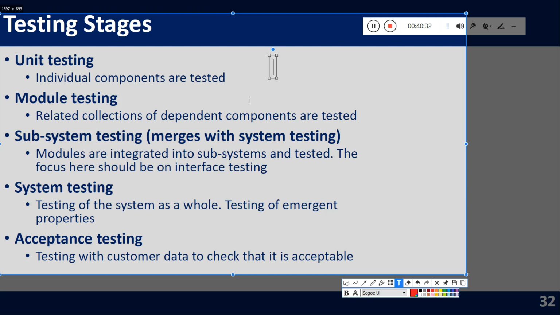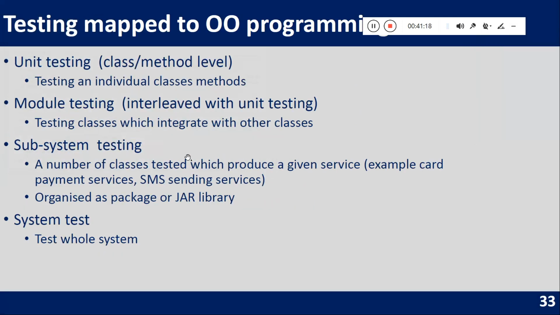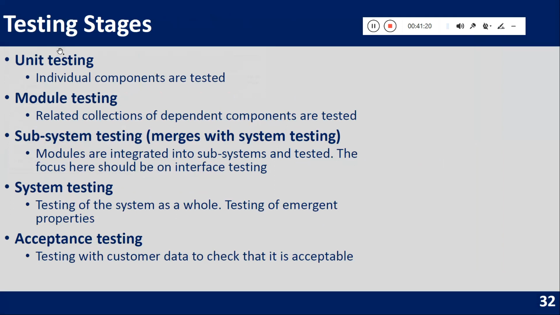Subsystem, module. I'm not very sure why it is interface testing and testing emergent properties. Right, let's see. And I think it's just the module.